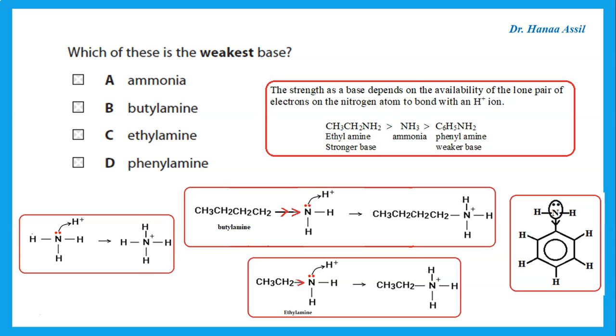So the lone pair of electrons on the amine group are delocalized around the benzene ring so that they're not available to make a dative bond with the H+ ion. So compared to the others, phenylamine is a weaker base than ammonia, and ammonia is weaker than an alkylamine.